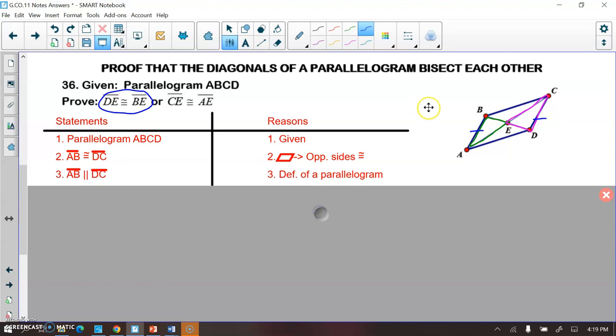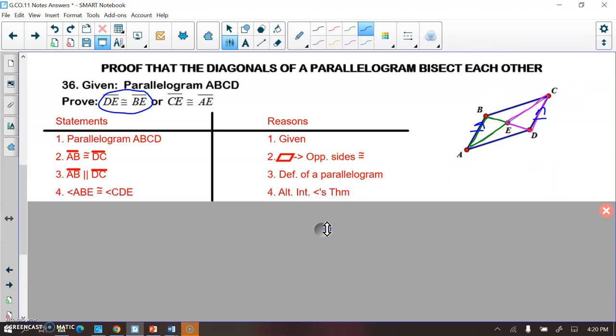Now I can also say that AB and CD are parallel because that's the definition of a parallelogram. And so if I have those parallel lines cut by this transversal here, I can say that angle ABE is congruent to angle CDE by the alternate interior angles theorem.